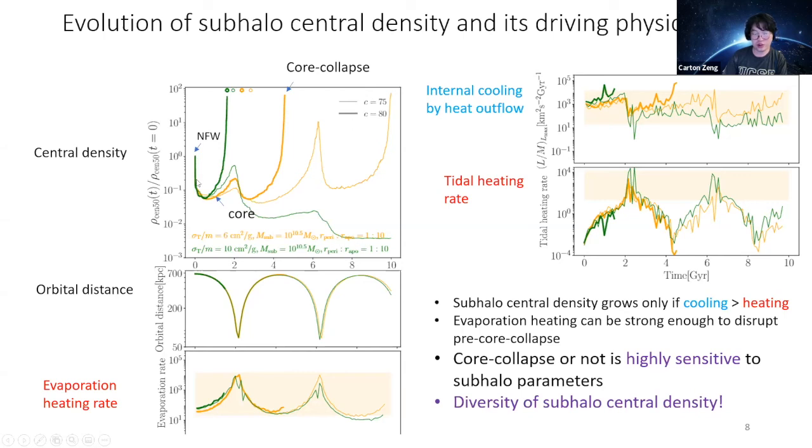If we look at this thick green line first, it starts from NFW, has core formation first in a short period of time, and then core collapses normally as expected. But another similar subhalo with slightly lower initial concentration of 75 starts from NFW, core formation first, but its core collapse process goes slower because of its lower initial concentration, so that it cannot reach core collapse before the first pericenter encounter, so that evaporation comes in and disrupts its core collapse process.